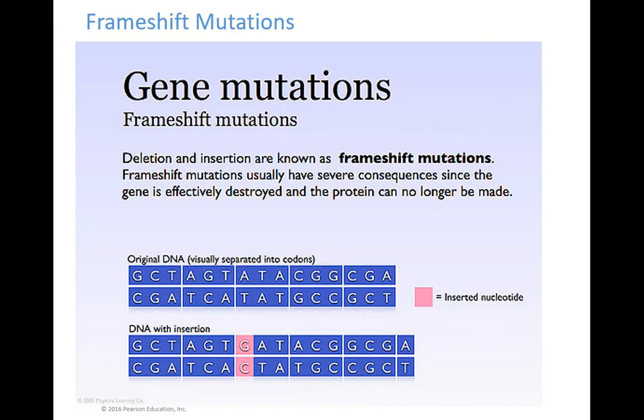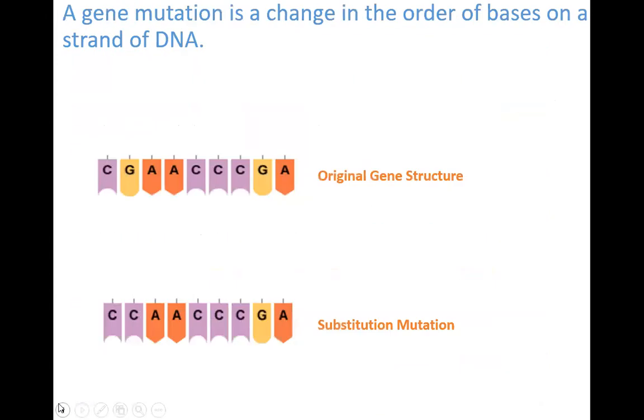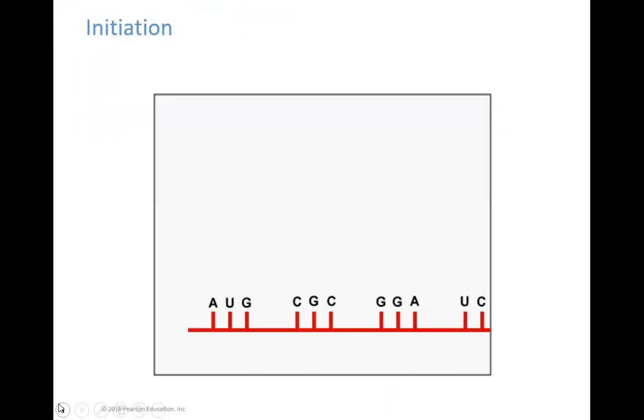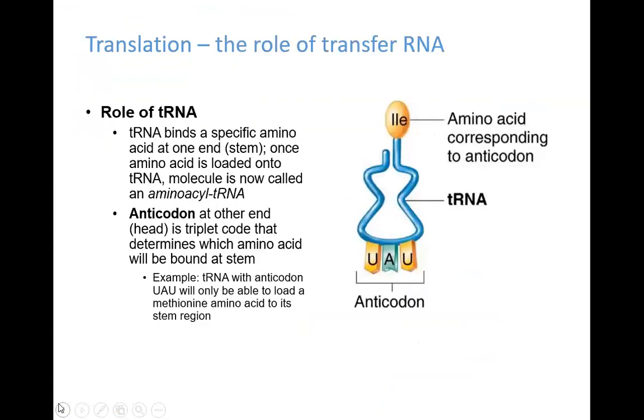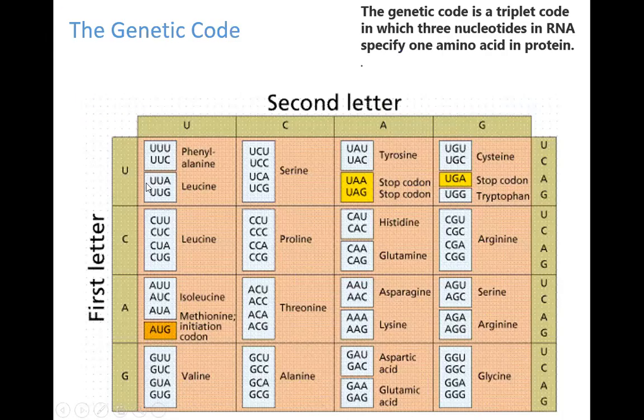Instead of specifying, let's take a look. ATA in the top, adenine, uracil. Okay, it should be specifying for isoleucine here.